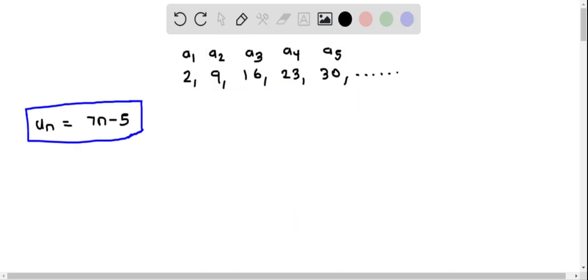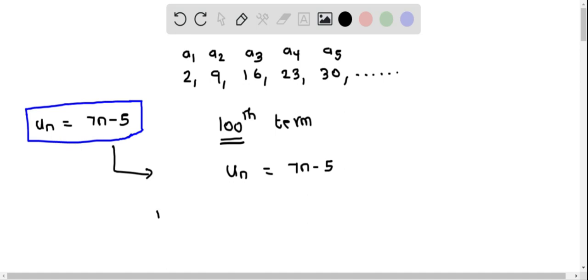Okay, let's determine the hundredth term of this sequence. For this, we will utilize this general nth term formula, that is un equals 7n minus 5. Since we want to find the hundredth term, we replace n by 100.